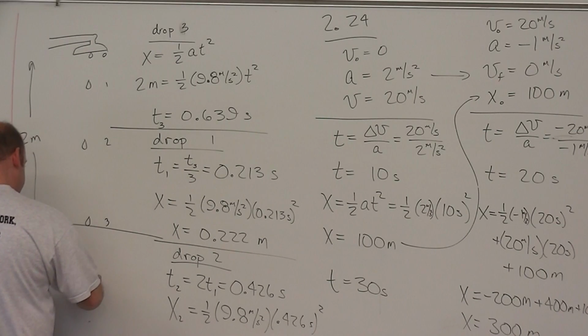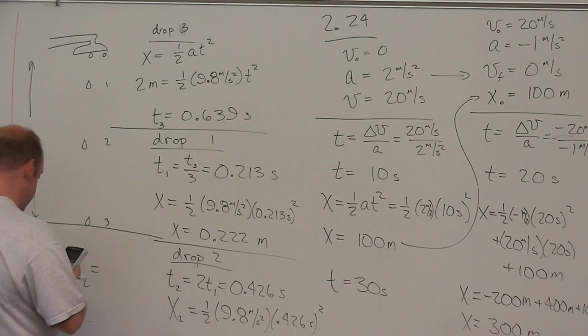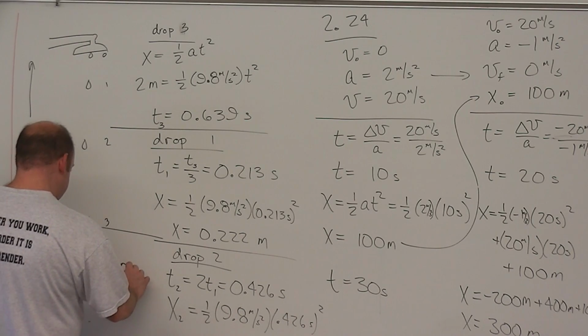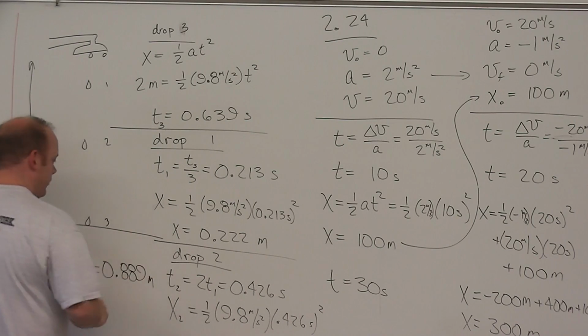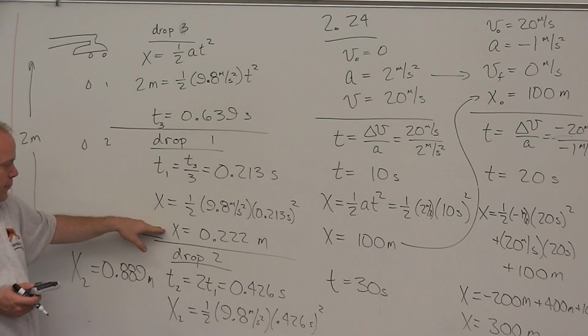So now x2 is equal to 0.889 meters. Okay? So in that first interval, you fall 0.222.